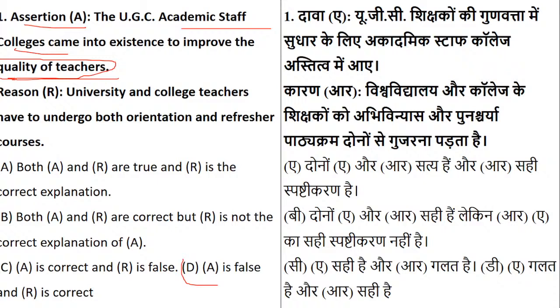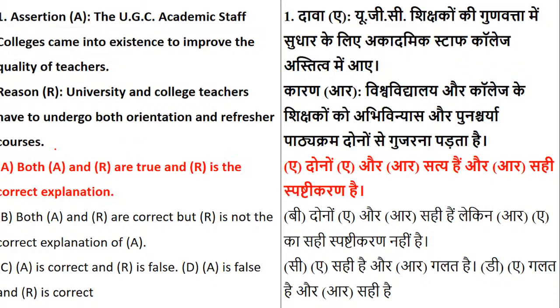So for this purpose, university and college teachers have to undergo both orientation as well as refresher courses. Colleges ensure that the orientation and refresher courses are given to the staff so that there is an improvement. So yes, both the statements are true and the reason given is the correct explanation.